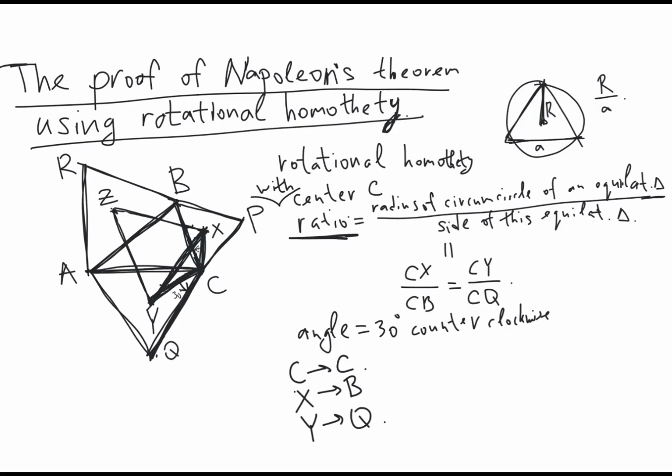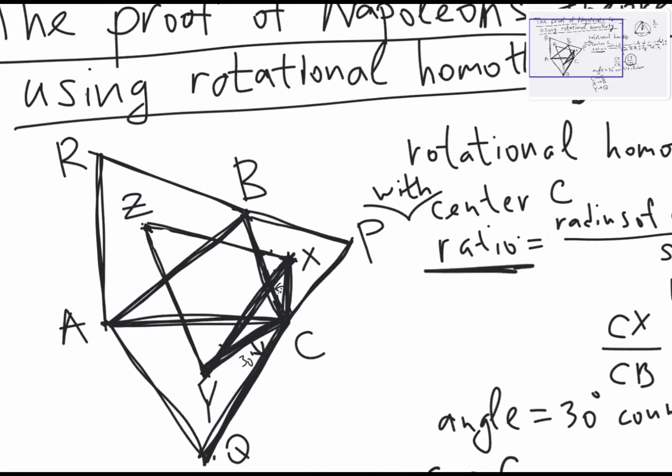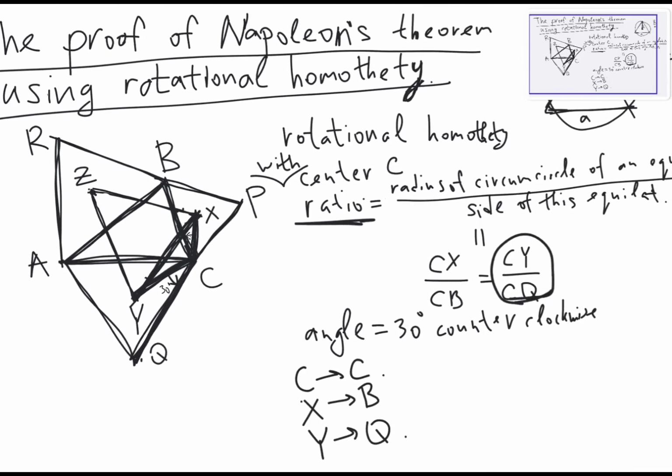So the length of the segment Cy is mapped to the segment Cq. And similarly here, first the line Cx is mapped to the line Cb, and the length of Cx is mapped to the length of Cb, so therefore the segment Cx is mapped to Cb.